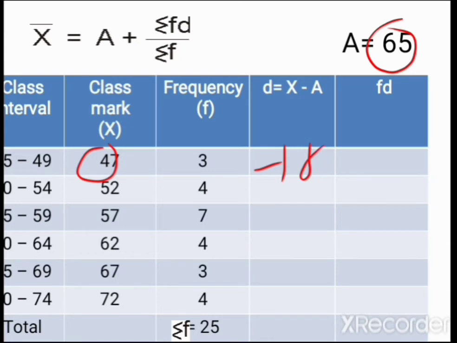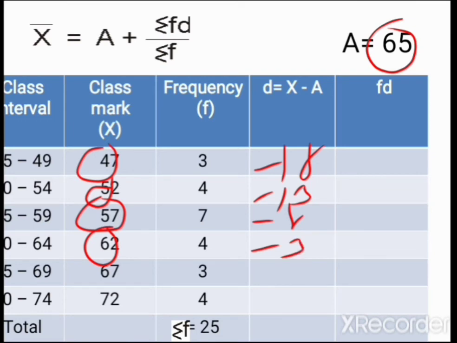The next one is 52 minus 65. It will give us minus 13. The next one will be 57 minus 65. It will give us minus 8. The next one is 62 minus 65. It will give us minus 3.